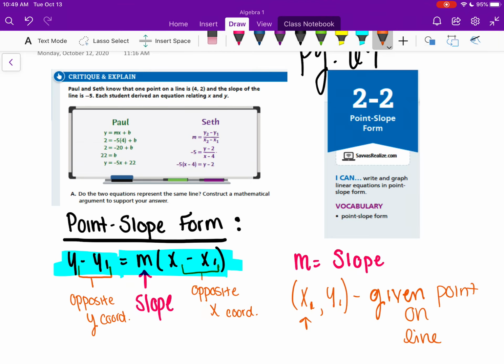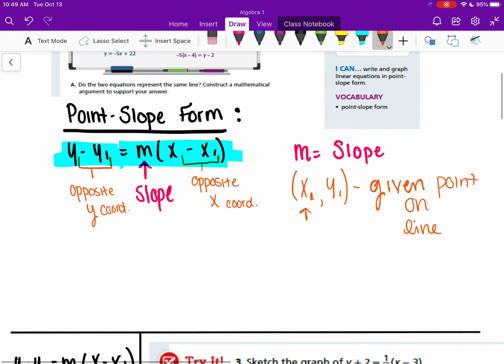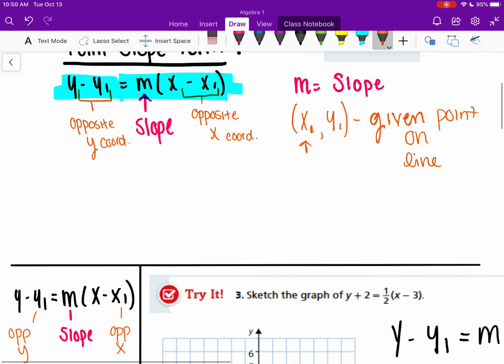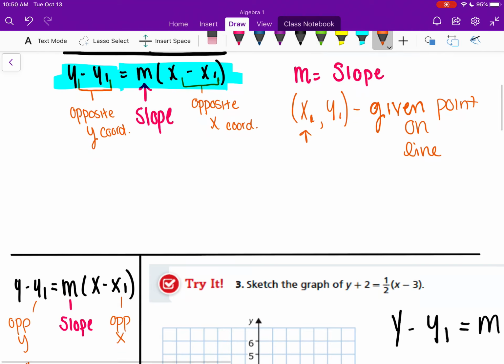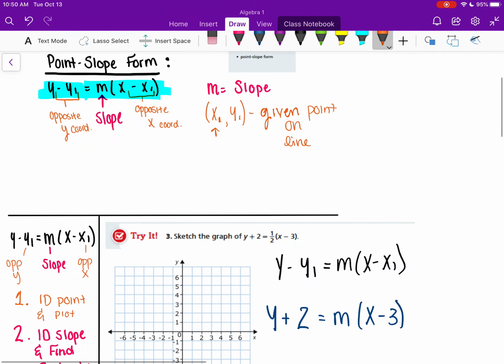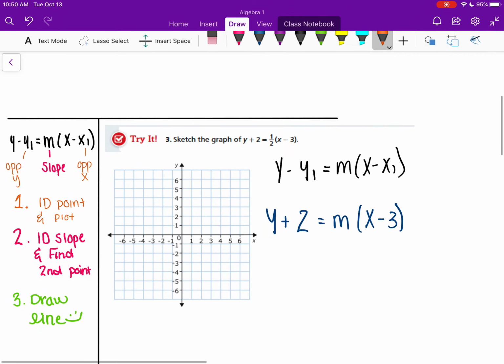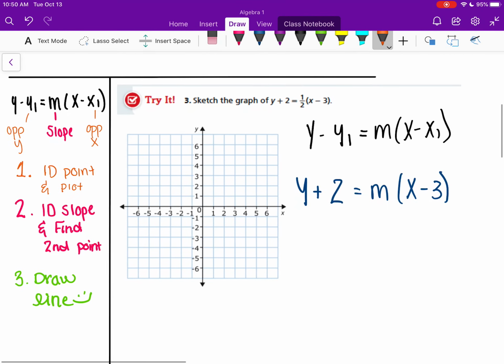Let's get practicing some point slope form. We're going to skip all the way to example 3. And on the left side where you have that space, write your point slope form again. Y minus y1 equals m times x minus x1, where x and y are opposites and m is our slope. And this example has us sketching a graph, and it gives us the equation.